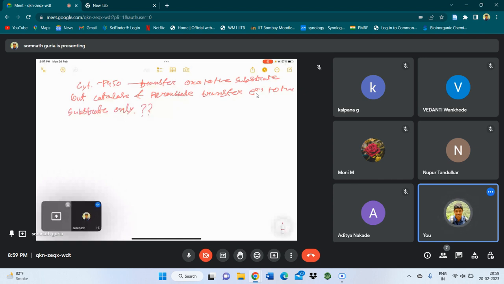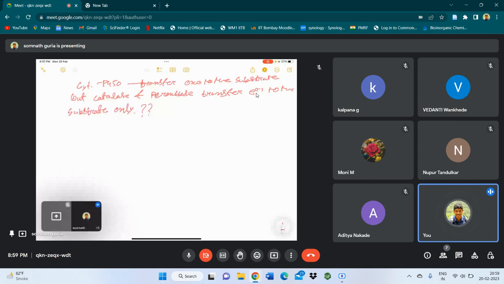Only the substrate comes near the porphyrin ring.